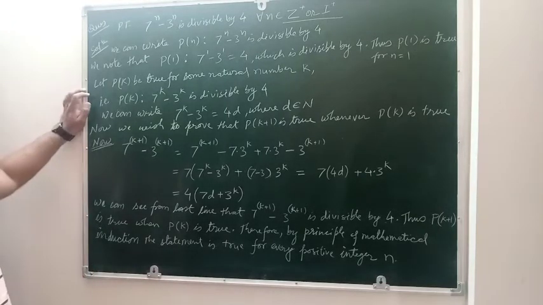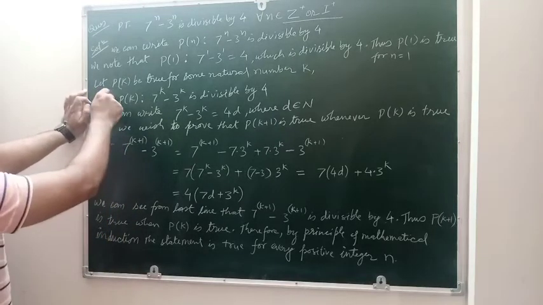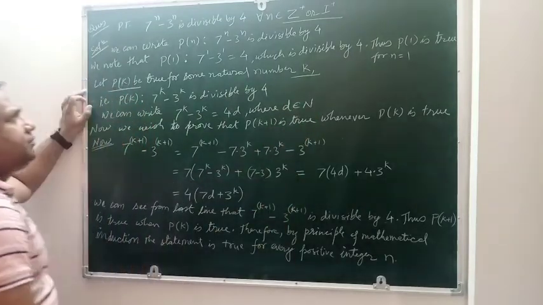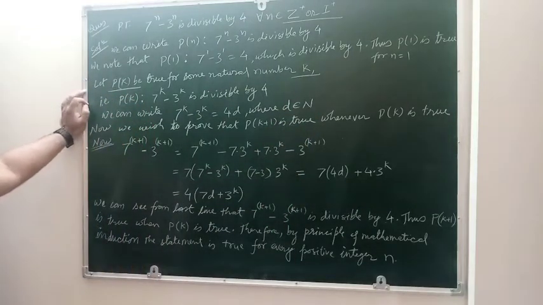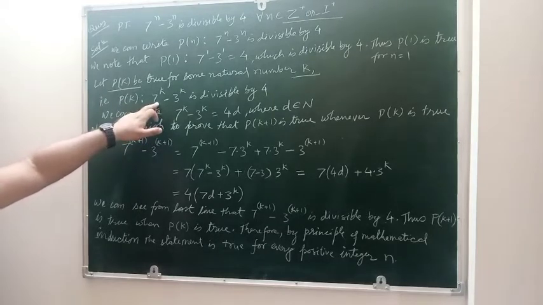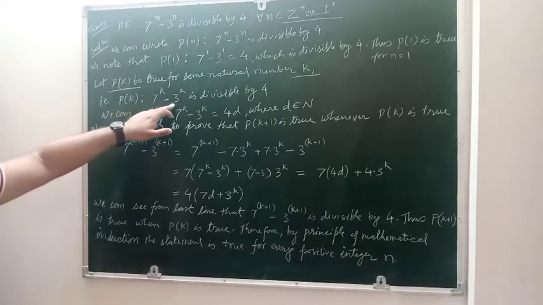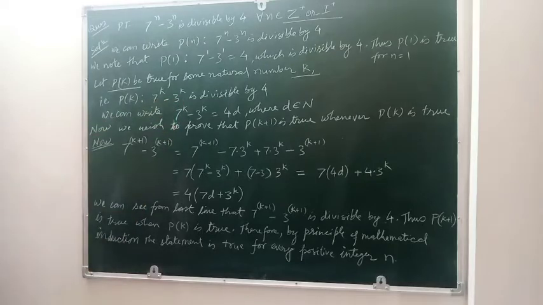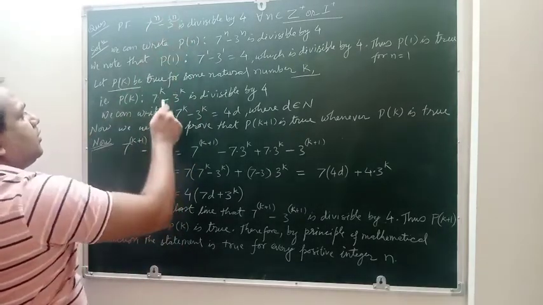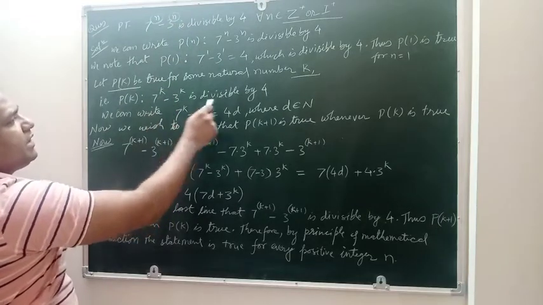And after that what we are doing is, we will consider P of k to be true for some natural number k, that is P of k, that is 7 power k minus 3 power k, I have to replace this n by k, is divisible by 4.